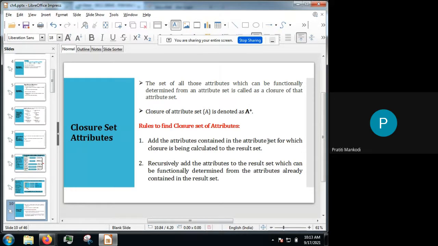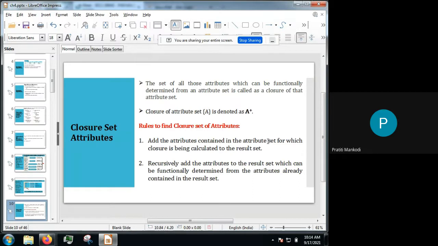So I'm not continuing from this topic, but just for your information, your mid-sem 1 syllabus will be unit number 1, 2, 3 full, and in unit number 4, the topics till here. So axioms, closure set of FDs, and closure set of attributes. These 3 will be there. Clear? Okay.